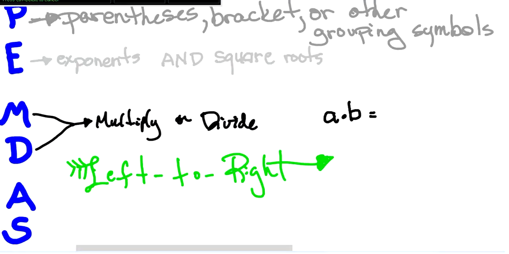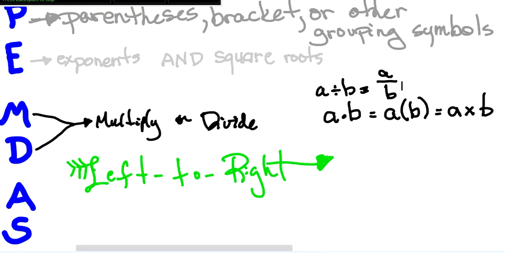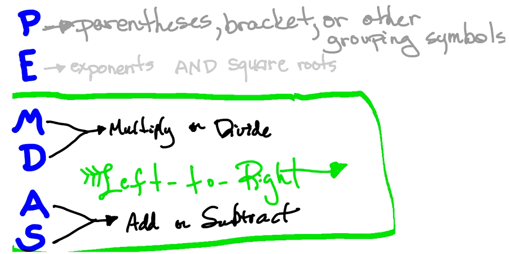This would be the same thing as if I wrote A and then parenthesis B. Of course, all this you used to know as A with a times B. And finally, we will add and/or subtract. So now we're going to do the same thing we just did with multiplication and division, except we'll add and/or subtract left to right. And there you have your order of operations.